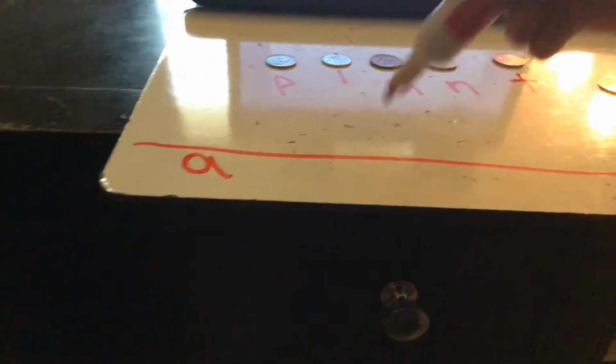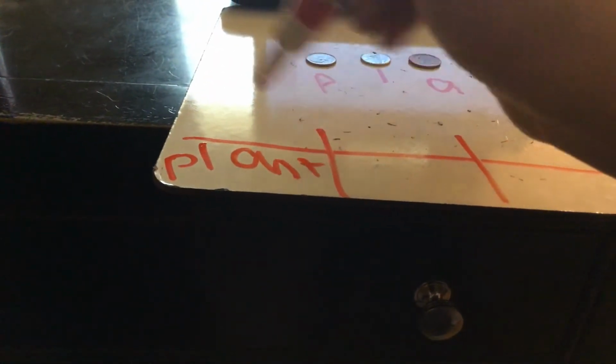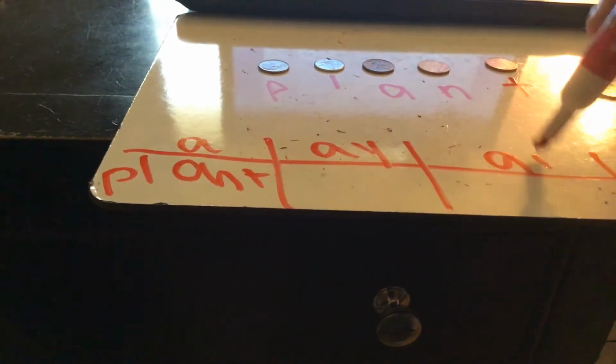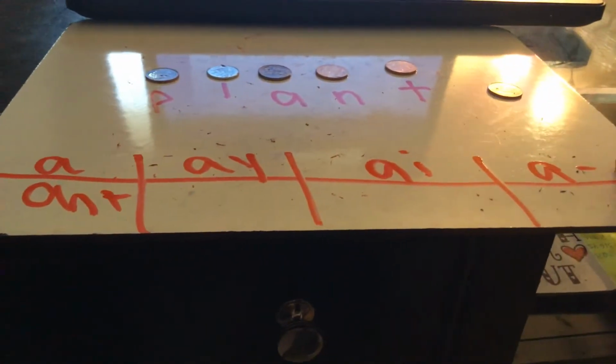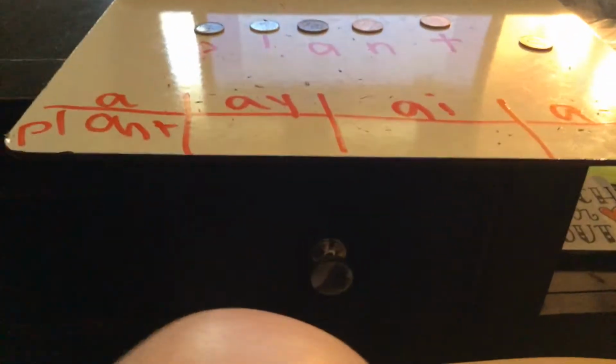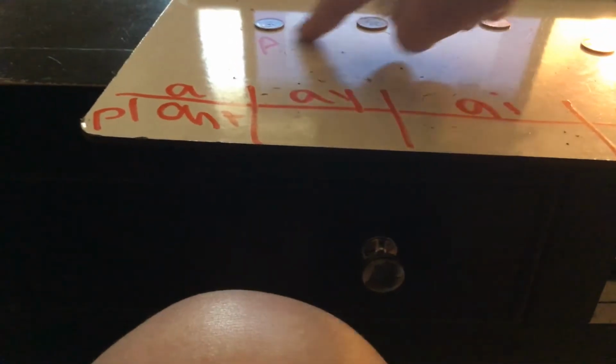Sometimes we do this at the bottom where we separate the different sounds that they hear. We would say A, AY, AI, and A consonant E. If that helps them, they can do that. They don't have to do that. That helps some students. Sometimes it's just extra work.